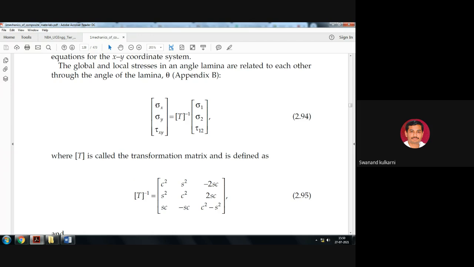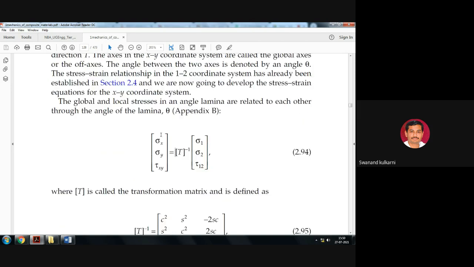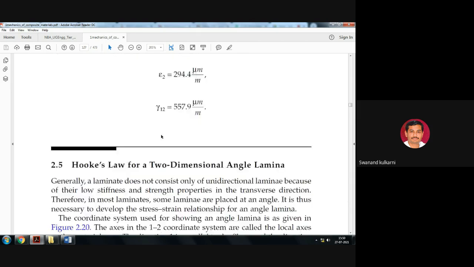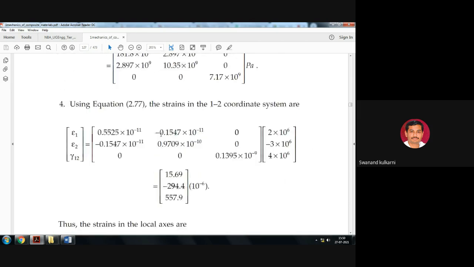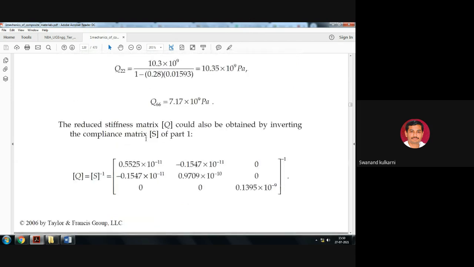Is it okay? So for stress in direction x, y and shear stress, this transformation matrix is used. So the inverse of this transformation or T matrix is carried, and if it is multiplied with sigma 1, sigma 2 and tau 12, then we will get sigma x, sigma y and tau xy. Is it okay? For that purpose you may use this particular transformation matrix.